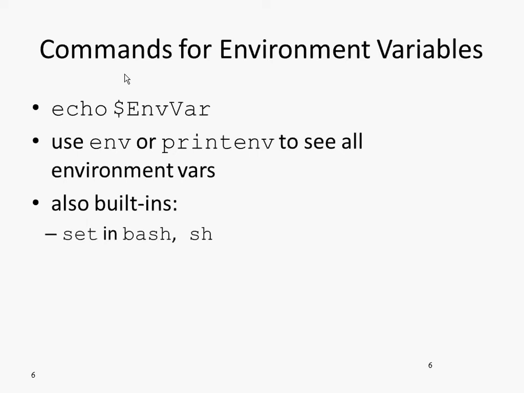Okay, right. So what is this 2? Standard error. Okay, so it turns out that we can number the different outputs here, 0, 1, 2. So 0 is input, 2 is standard error, and 1 is standard output.